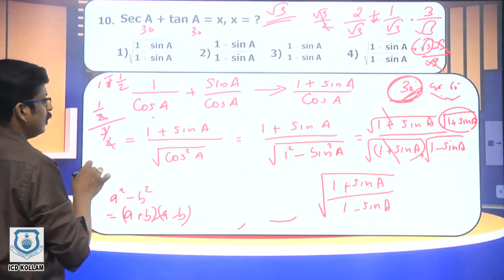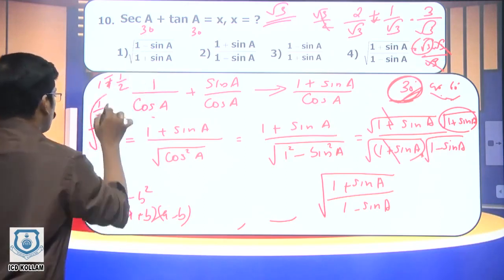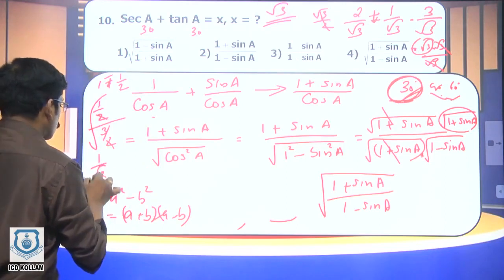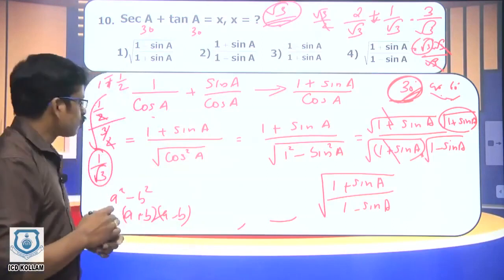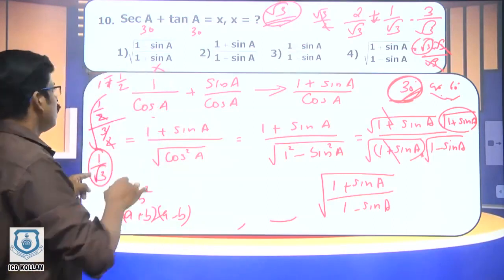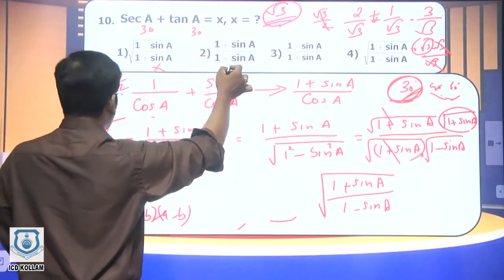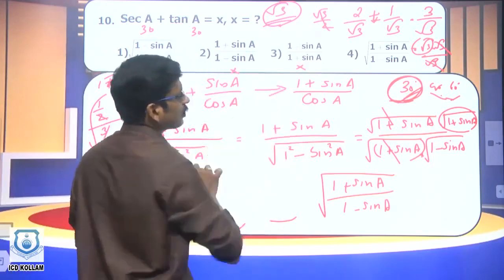The 2s cancel, and we get 1 by 3 in square root. So the answer is 1 by root 3, but not our root 3. So this is not the correct answer. And that root is not here, so it is also not correct.